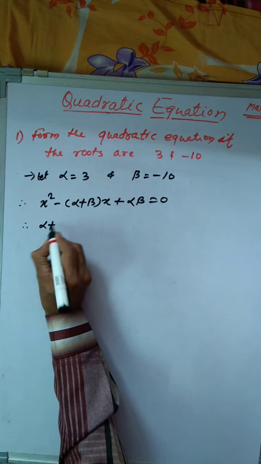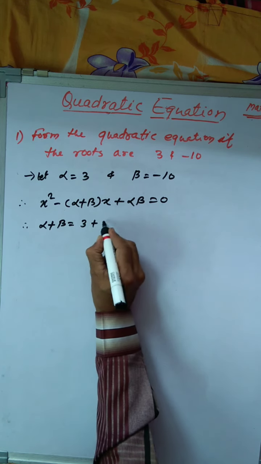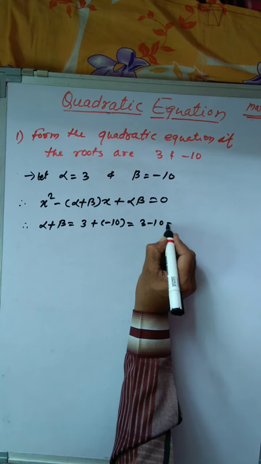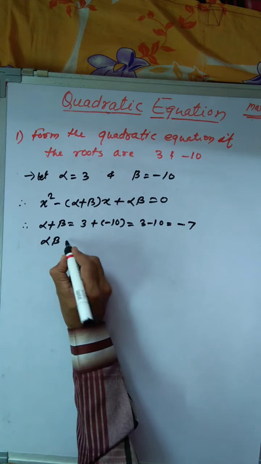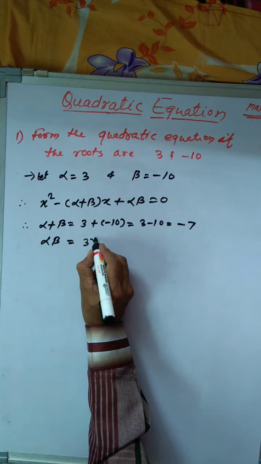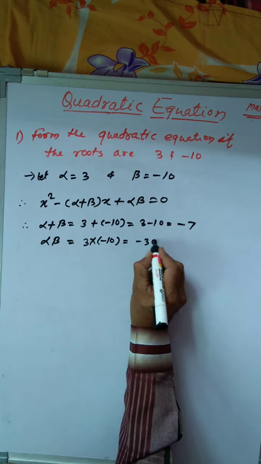Hence alpha plus beta is equal to 3 plus minus 10, that means 3 minus 10 is equal to minus 7, and alpha into beta is equal to 3 into minus 10, which is equal to minus 30.